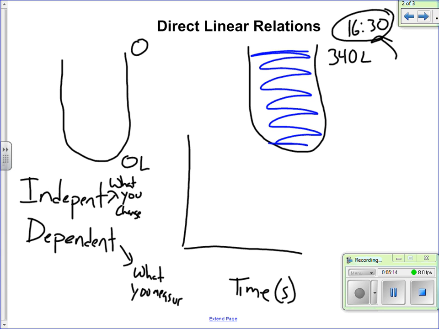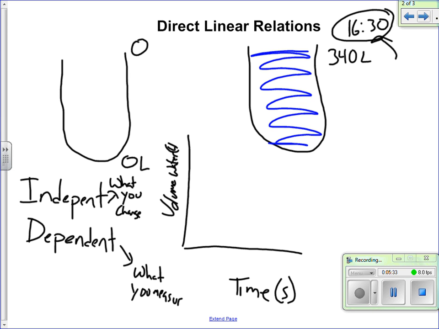And then finally, my dependent variable: what am I measuring? Well, I'm measuring how much water I'm going to get. So that is my dependent variable, and that would be volume of water, which, of course, is in liters.